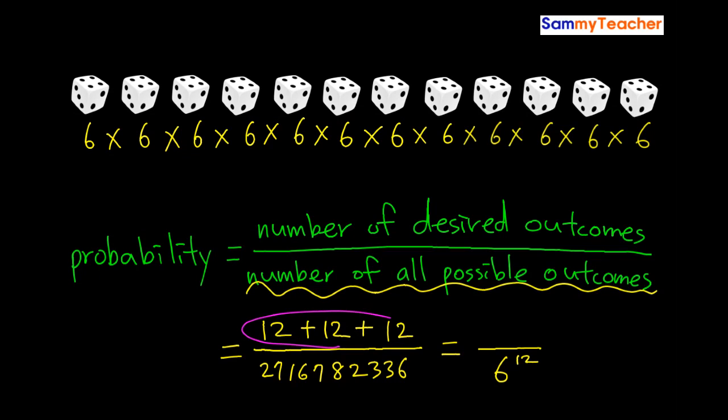And if I add all these numbers, it will be 36. And just to make this number look similar to this, I'm going to write this number as 6 squared, since that's the same thing as 36. And finally, these two 6's will cancel out 2 of the 12 6's in the bottom. So the final answer will be 1 out of 6 to the power of 10.